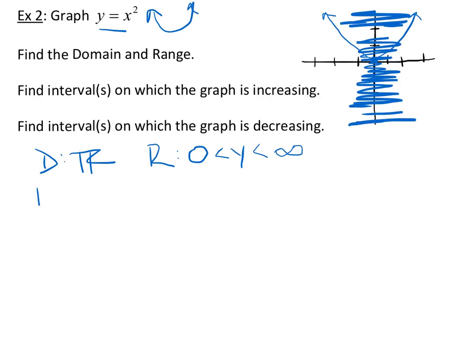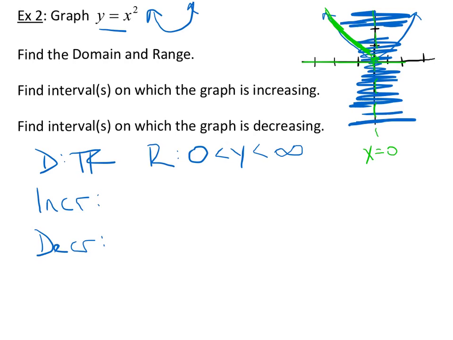Now I need to know increasing and decreasing. So remember from before, the last example, our goal is to locate the highest point or the lowest point and draw a dotted line in between them. What x value is that? That x value is x equals 0. I am decreasing over here. See, my U is coming down.